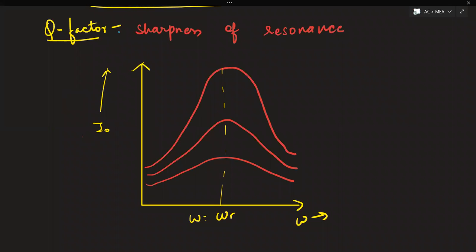So here what happens, current amplitude has a peak at the resonance. Khalid, what was the value of omega at resonance condition, angular frequency?